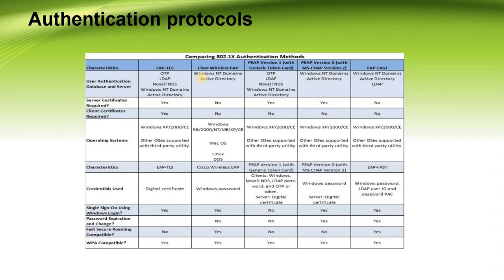IEEE 802.1x is commonly used on wireless access points as a port-based authentication service prior to admission to wireless networks. IEEE 802.1x over wireless uses either IEEE 802.11i or EAP-based protocols such as EAP-TLS or PEAP-TLS.